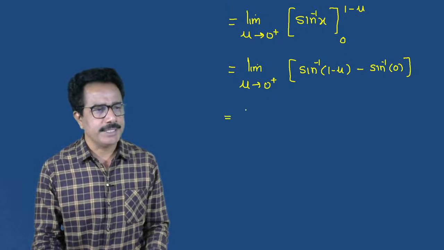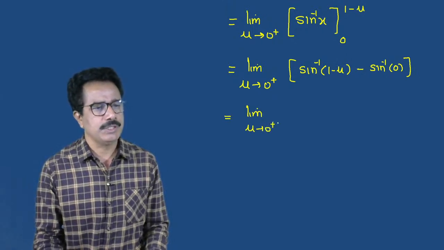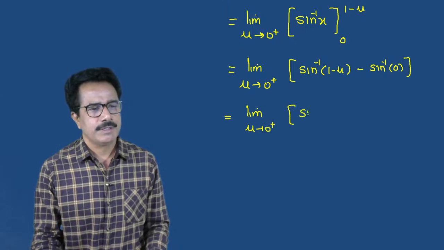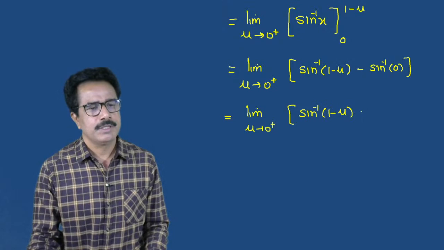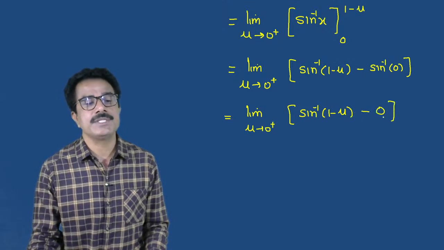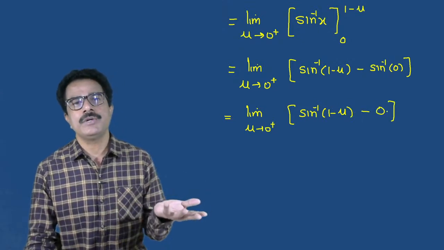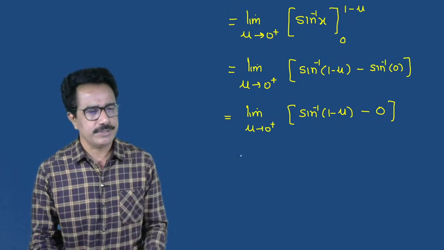So this can be written as limit mu tends to 0 positive, sine inverse of 1 minus mu minus sine inverse 0. Sine 0 is 0, so sine inverse 0 is equal to 0.